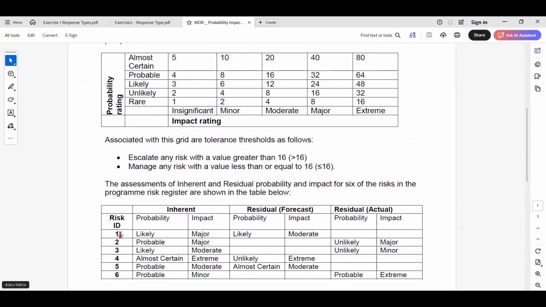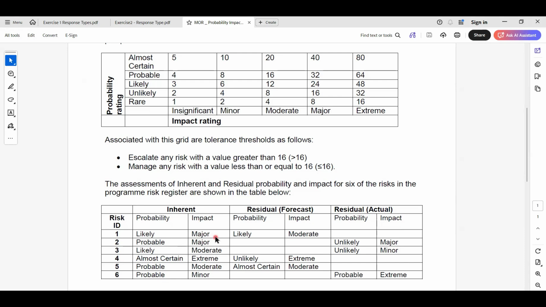This is risk ID 1, and the description is timelines might slip. If the probability is likely and the impact is major, what is the value of the risk in terms of number?